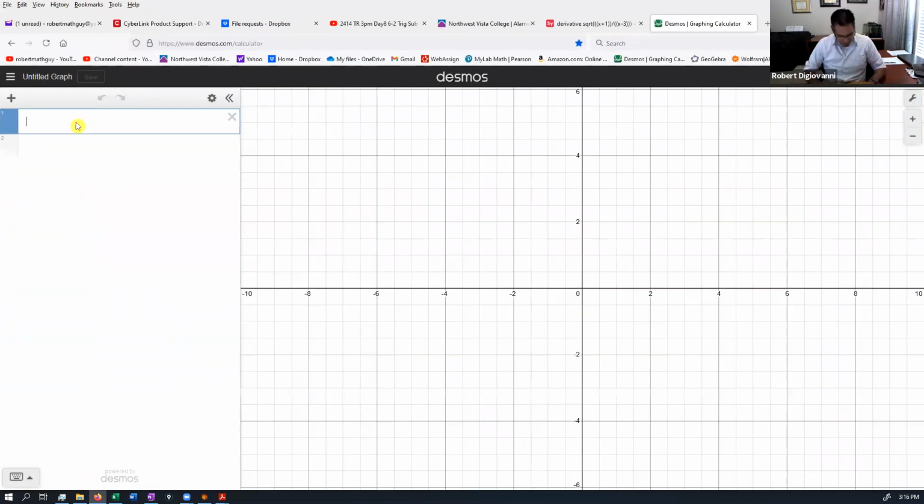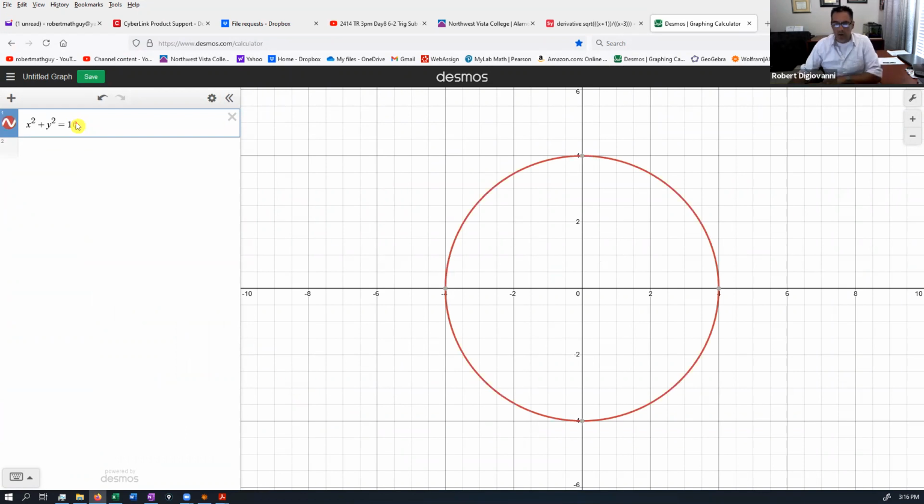If I go to Desmos and ask it to graph x squared plus y squared equals 16, it's going to draw me a circle of radius 4. There it is. So there is a graph, but it's not a function because it fails the vertical line test. Everyone see that? We fail the vertical line test here. So you can never solve it for y.